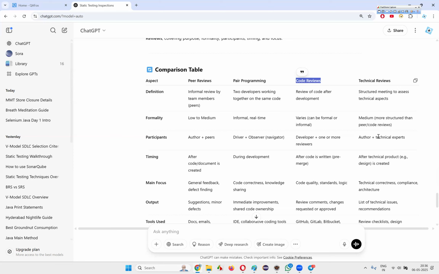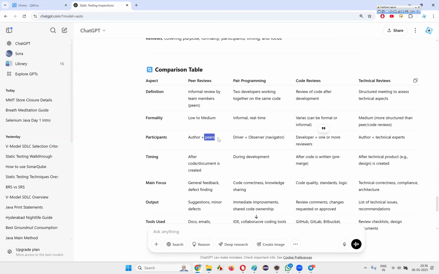Author plus technical expert. This is another important line to understand the difference between the different types. In peer reviews, the author will be there and colleagues or friends will be there. In pair programming, one developer will be writing the code and the other developer will be reviewing the code in real time. That's the difference. In code reviews, a developer will be there and some reviewer will be there.